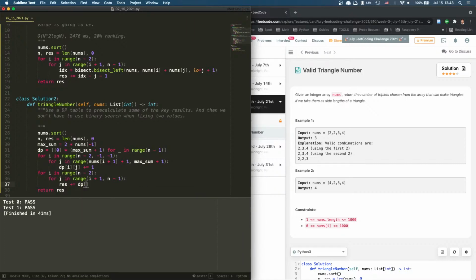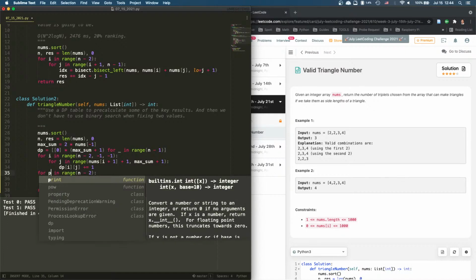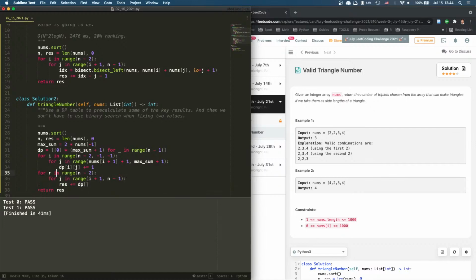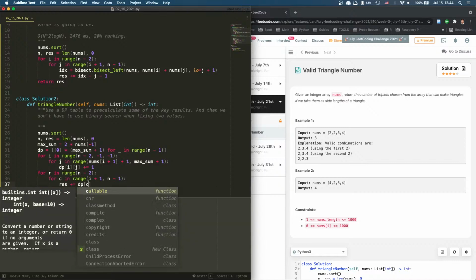Oh my god, ij used again. Let's call it PQ, for P is row and column. Row and column, RC. So for the DP table, the row is going to be C, right?